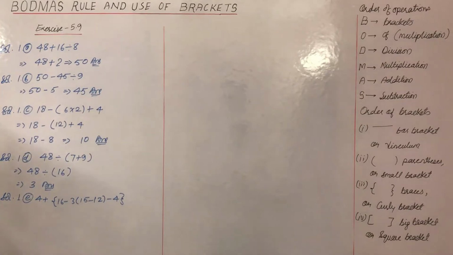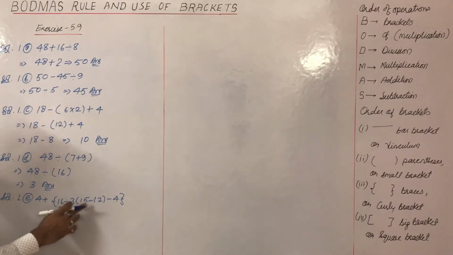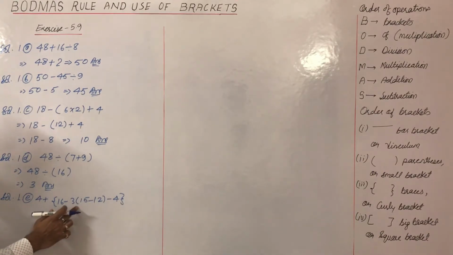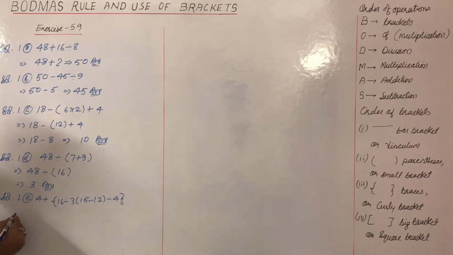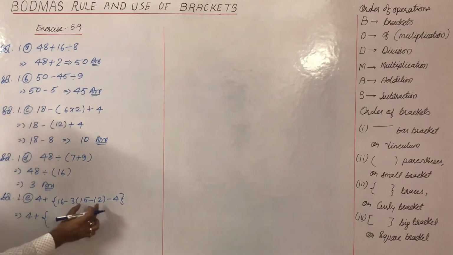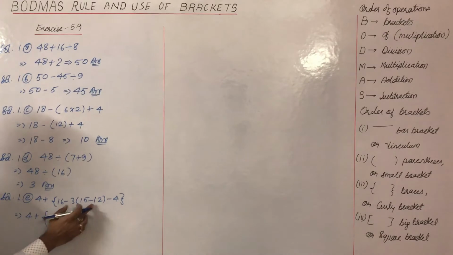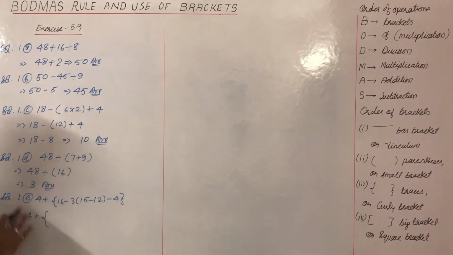So in this statement we have addition, subtraction, subtraction, subtraction, and two types of brackets with multiplication. So what to do? First of all, we'll solve the brackets as per order. We have small bracket, so we'll solve the small bracket, then curly bracket, then other things.